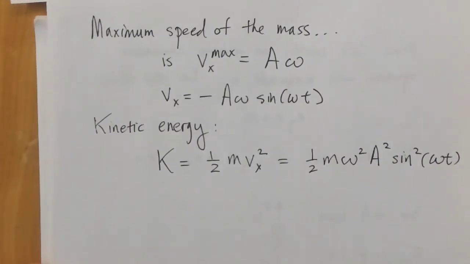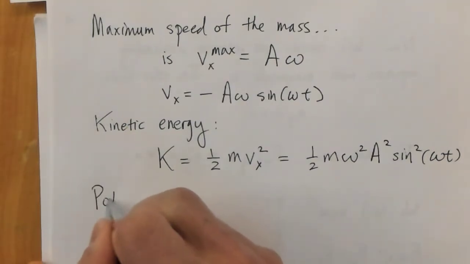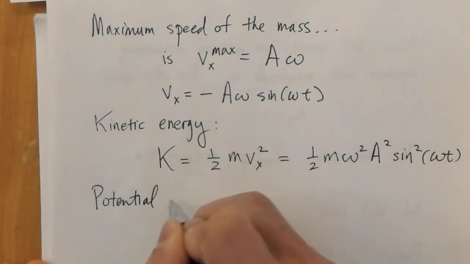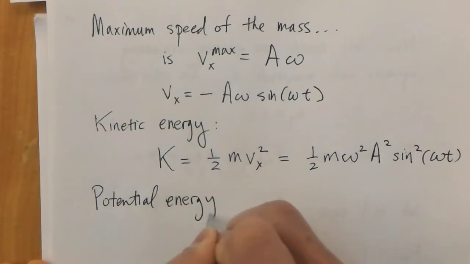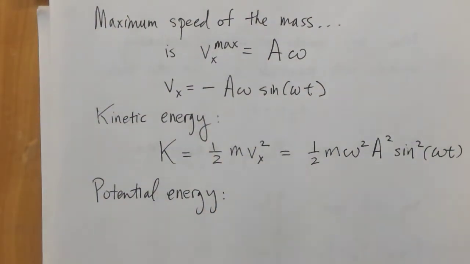All right, how about the potential energy? So we're talking about the spring potential energy. Anybody remember the formula for the potential energy stored in a spring? 1/2 kx squared.